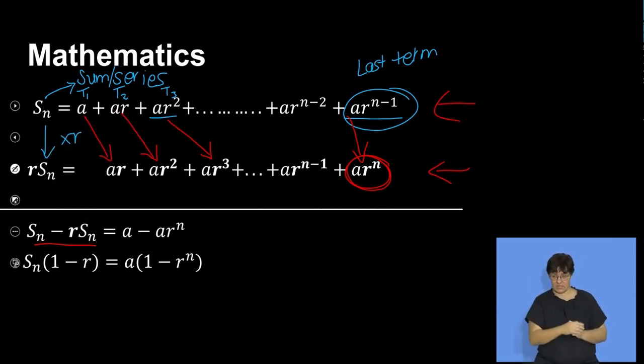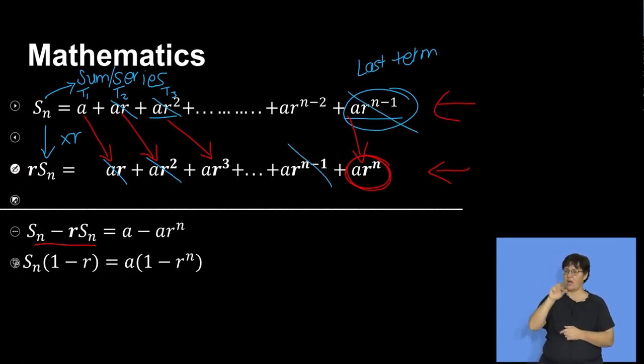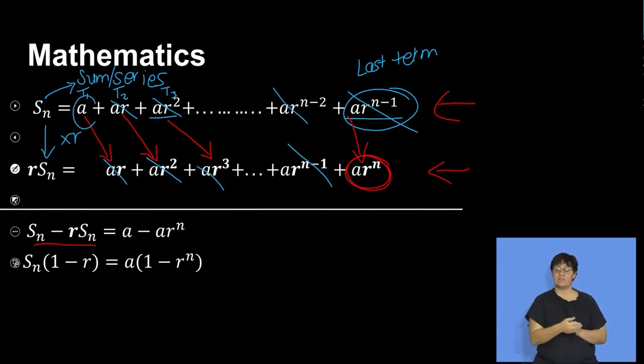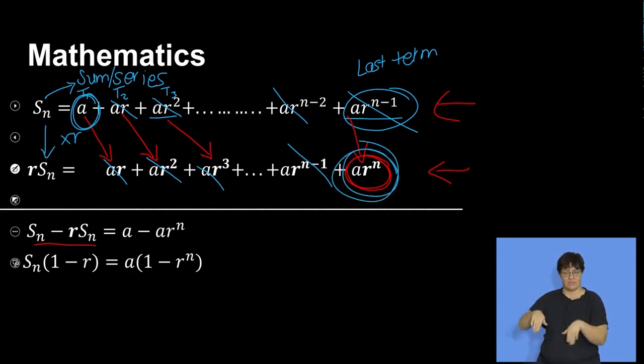Thinking about the top line subtracted by the bottom line, ar will cancel, ar squared will cancel, going the whole way up to ar to the power of n - 1 will cancel. So everything is going to cancel except for the a and the ar to the power of n. So Sn - rSn will leave me with a - ar to the power of n, as those are the only terms resulting from the subtraction.